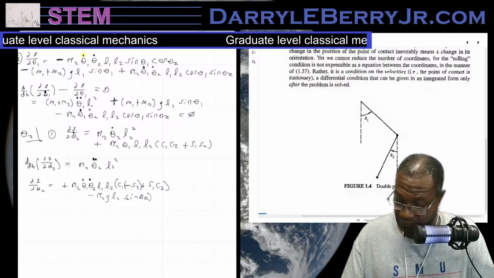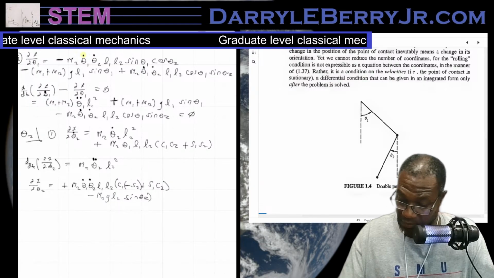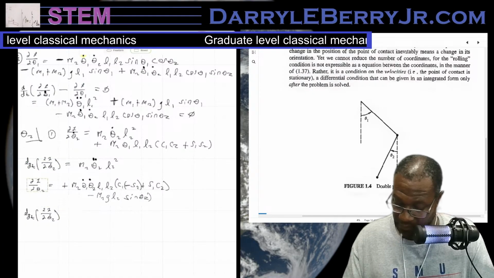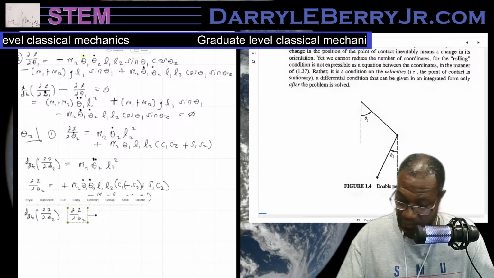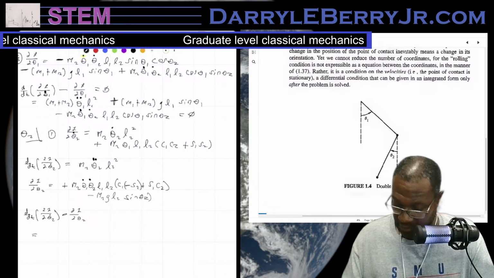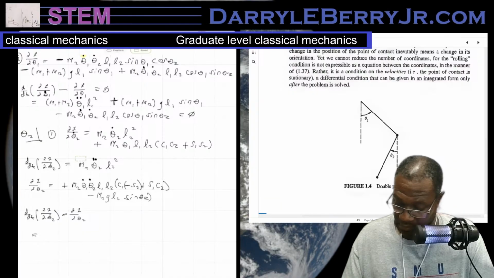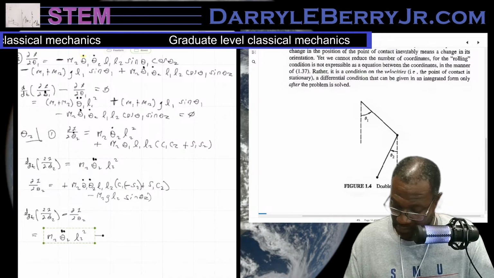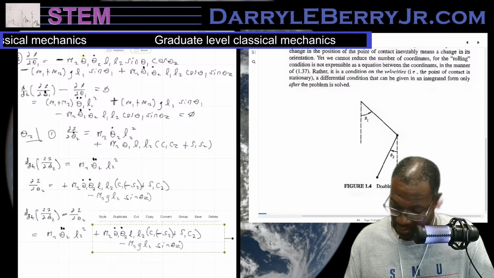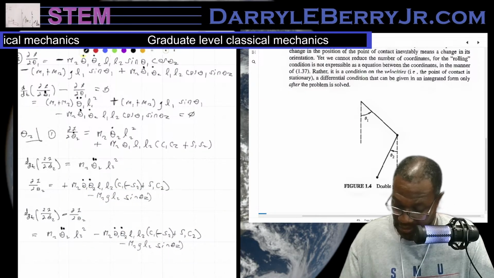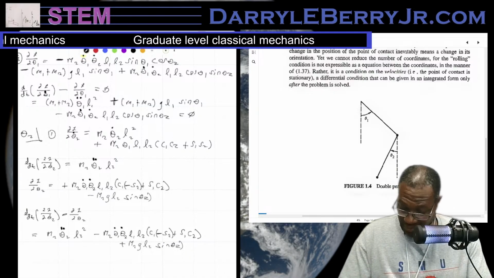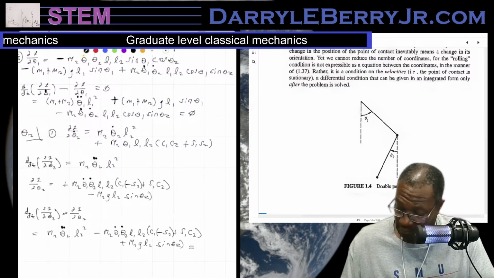So I have d dt, this with a minus equals this. That. Right. So those should be the equations of motion equals 0.